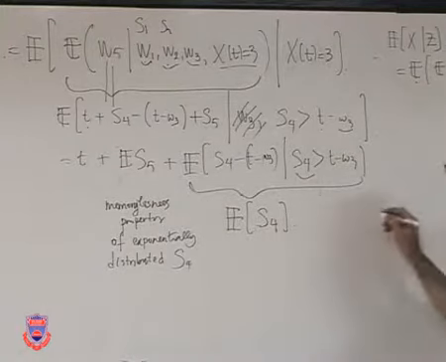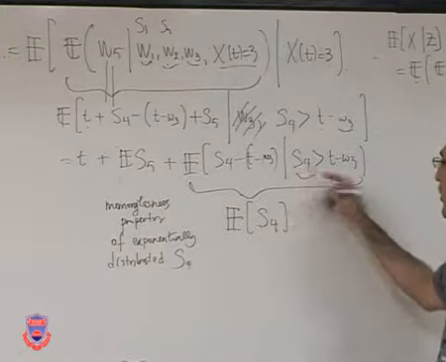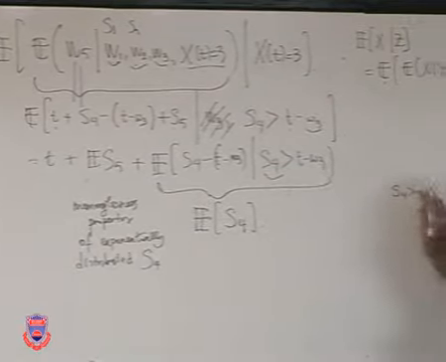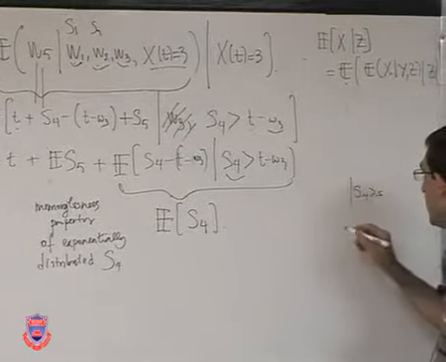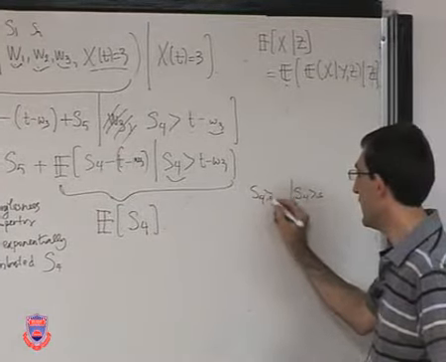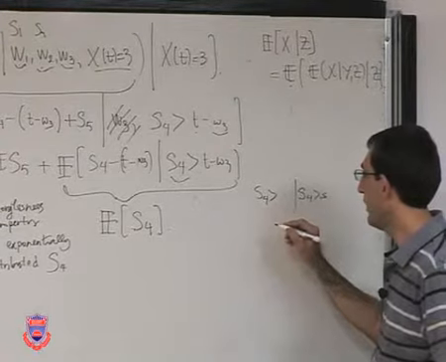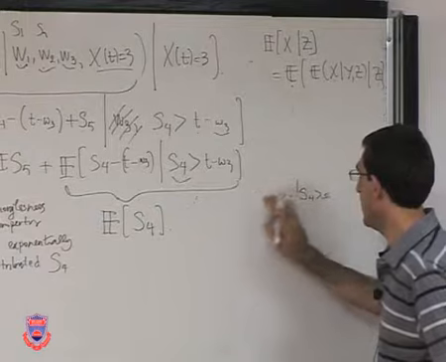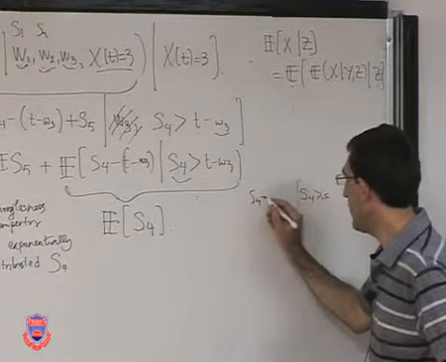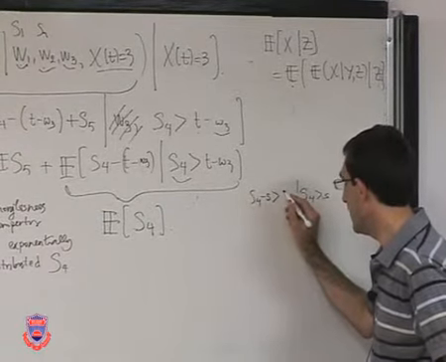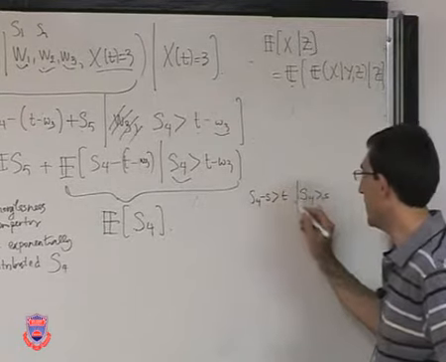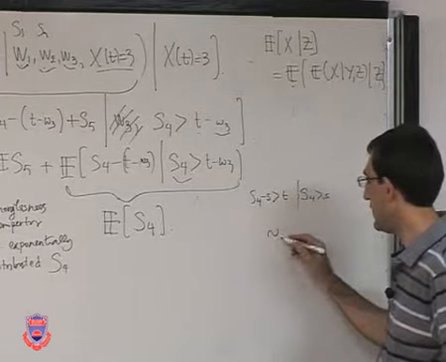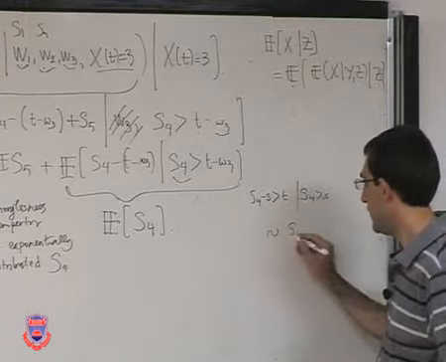Right? Because we can just write this: S4 is greater than some number s. Condition on that, S4 minus s, greater than any non-negative number t, has the same distribution as S4 itself.